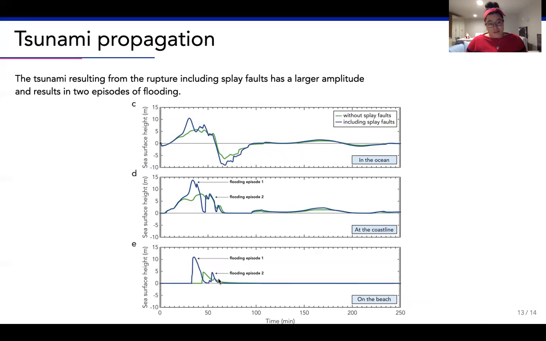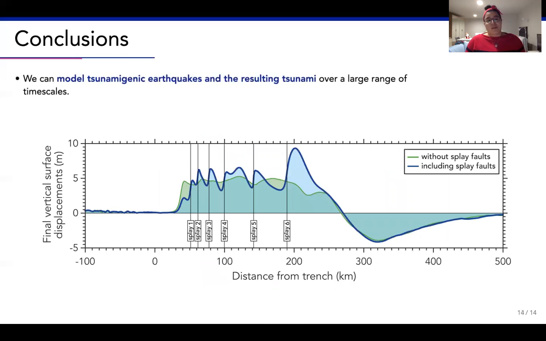So what have I shown you in this presentation? We can now model tsunamigenic earthquakes and the actual resulting tsunami over a large range of timescales by combining a geodynamic seismic cycle model with a dynamic rupture model with a tsunami model. That is pretty cool, and this shows what our modeling framework can do.